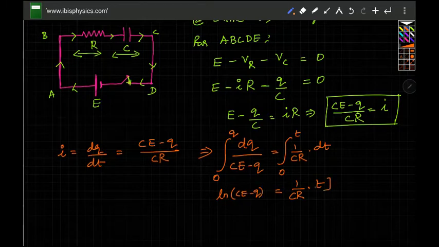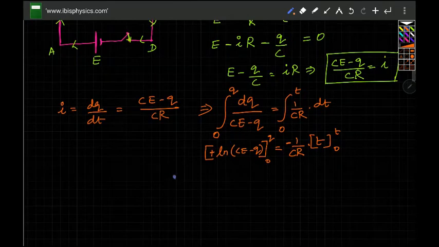Then apply the upper limit and lower limit. The integral of dx by x is log x, but there is a function here, CE minus q. When you differentiate it, you get a minus sign, so this is going to be minus. Let us multiply the minus over here. So what are we getting?